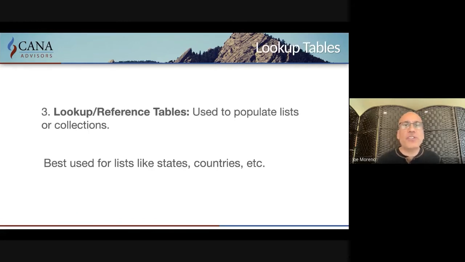Lookup tables are just simple tables that you put data into that doesn't change very often. For example, states. If you're creating an e-commerce website and you want to ship to all 50 states, you create a database table that has 50 rows in it. And then you realize, oh, I forgot Washington, D.C. So you just add that to the states database table.